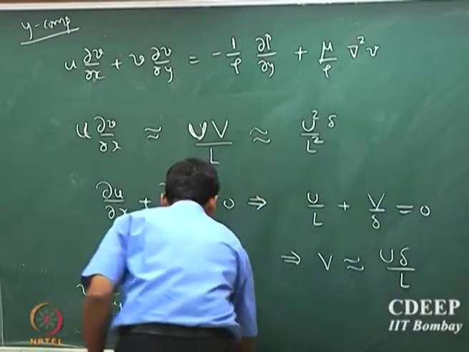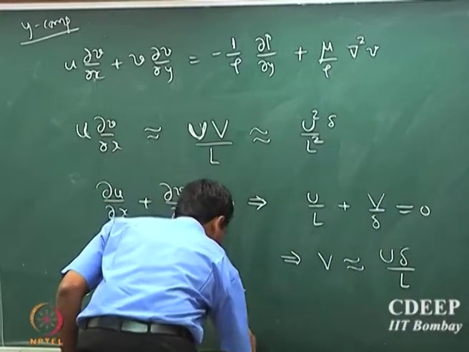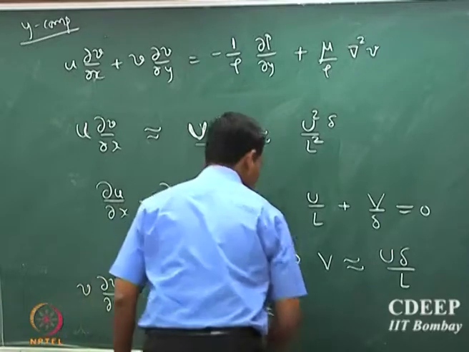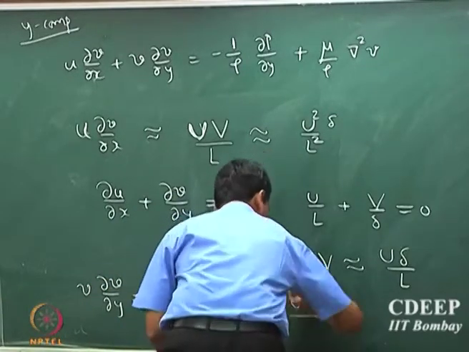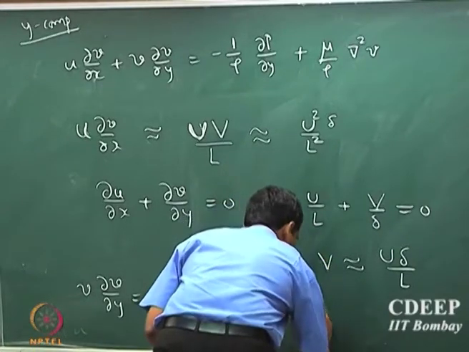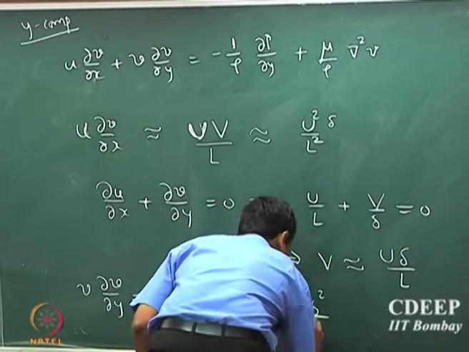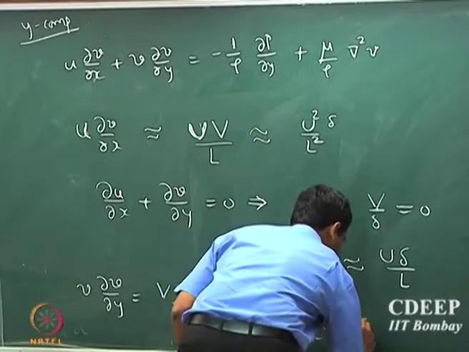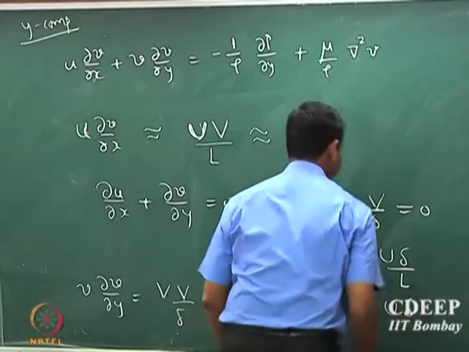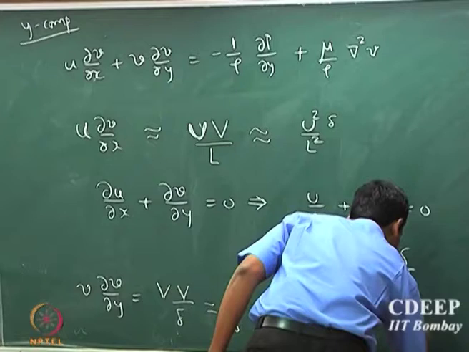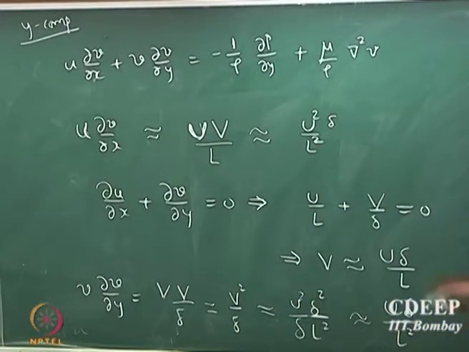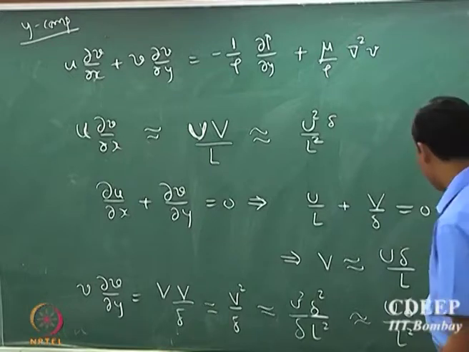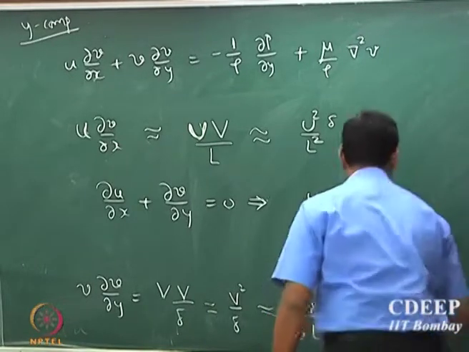So that will be V square by delta, and that will be U square delta square divided by delta into L square. So that will be U delta by, oh I missed an L, U delta by L square. Okay. So which means that, oops, U square delta by L square.